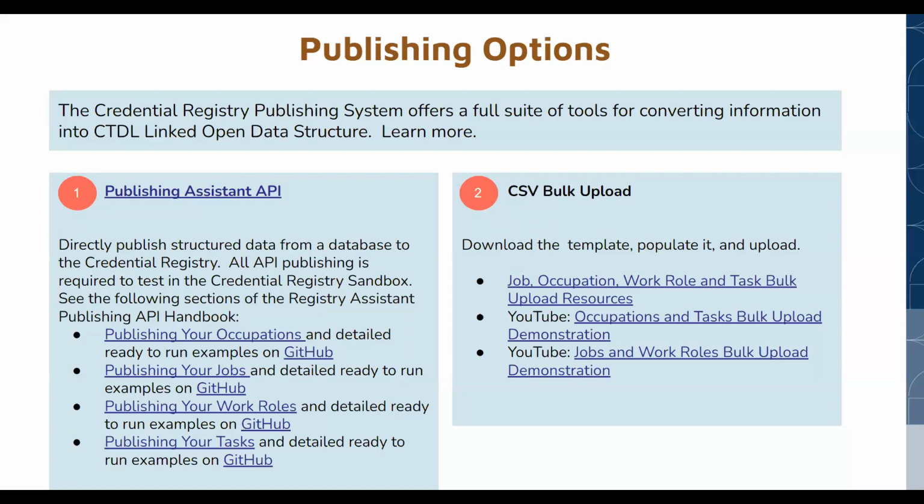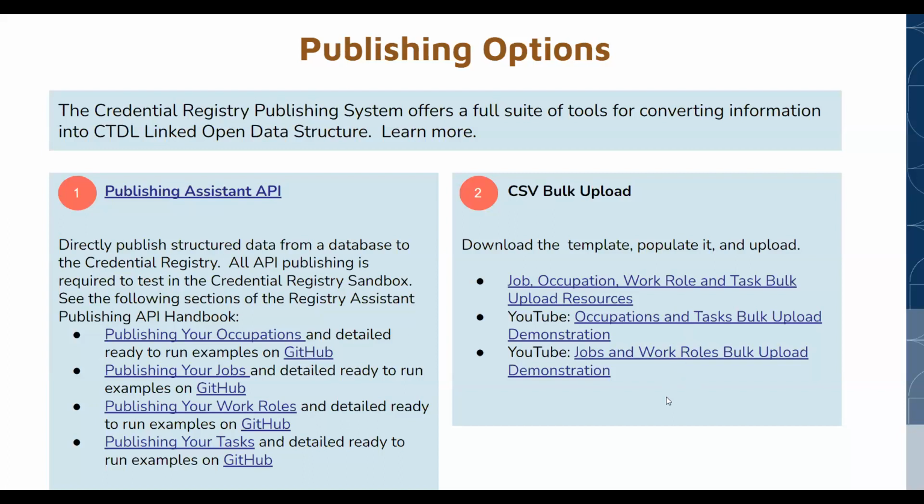It's more flexible to have the ready to run examples in GitHub, where it has fully formatted examples. There's a separate project if you want to play with it and test running it. If you're not familiar with the API, it has a format option as well as a publish option. That way you can, via code or tools like Postman, test what publishing would look like in the registry.